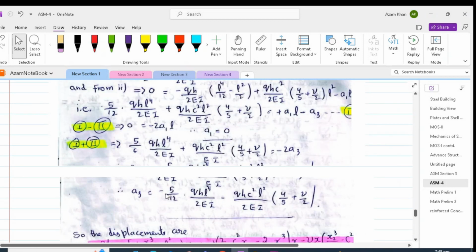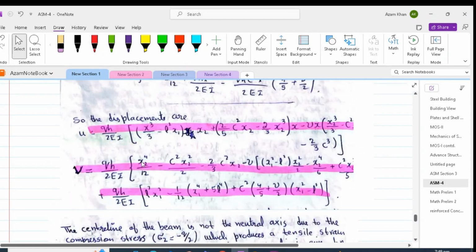and a3 equal to minus 5 by 12 qhL by 2EI minus qhc squared L squared by 2EI, small bracket 4 by 5 plus nu by 2. This will give us the expression for the displacement u and displacement v.